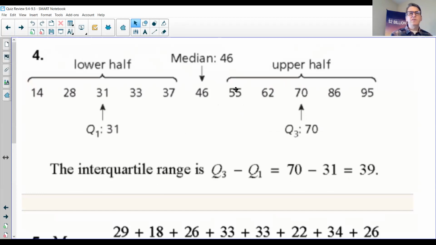The median in this case is 46. The lower half's Q1 would be 31. You've got five nice pieces of data here, so the middle one would be 31. And the upper half's Q3 would be 70. The IQR, the interquartile range, is Q3, 70, minus Q1, 31, and that's 39. And that would be number 4.